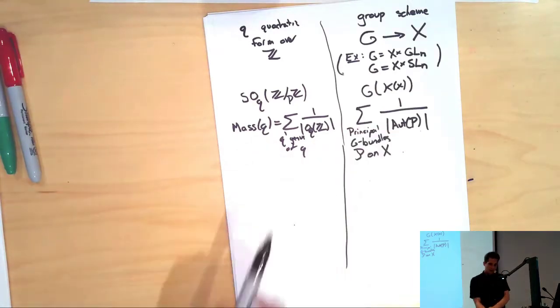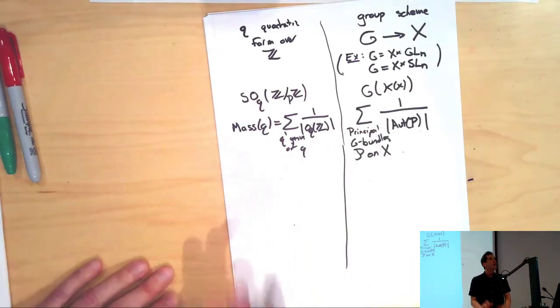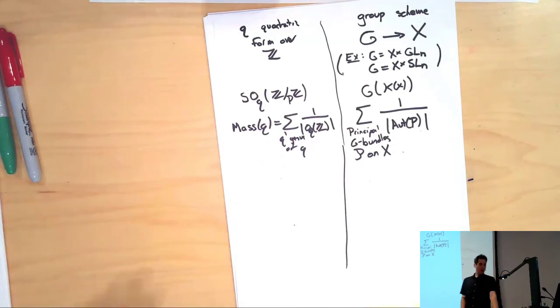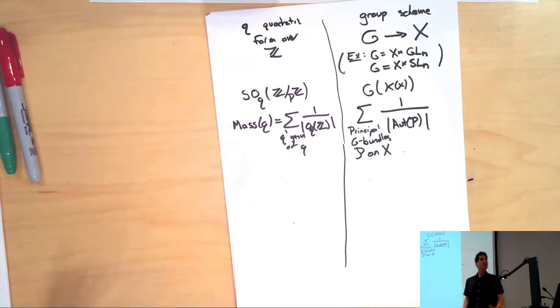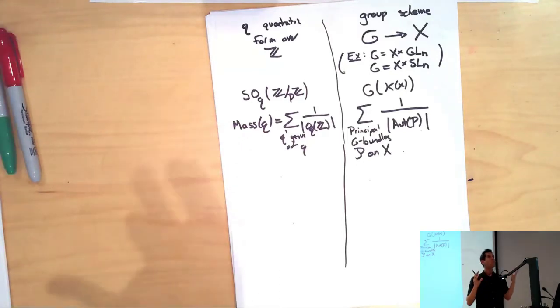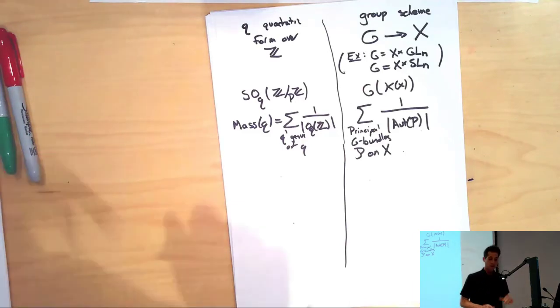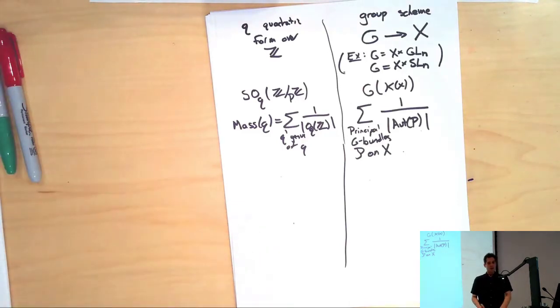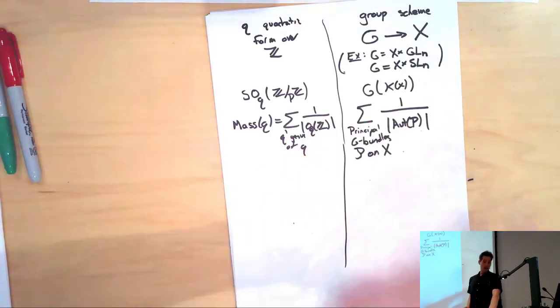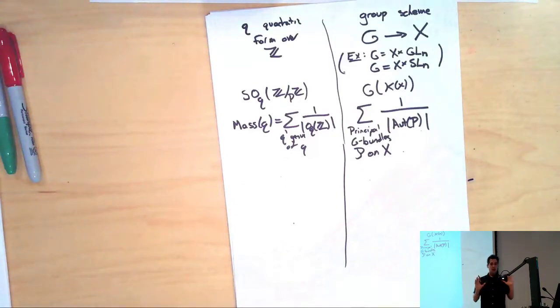Something that I mentioned at the beginning of the previous lecture is that the sum that appears in the definition of the mass of Q is actually a finite sum. If you fix a quadratic form Q, then up to equivalence, there are only finitely many quadratic forms of the same genus. But in the setting that I'm going to be talking about in the function field case, that's not true.